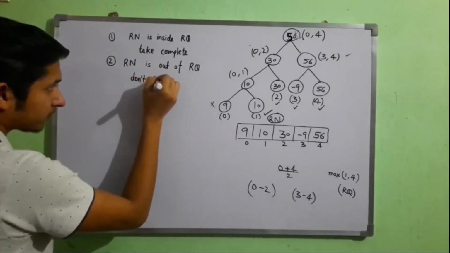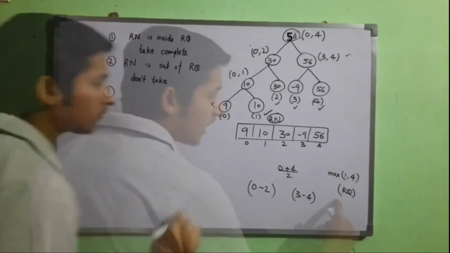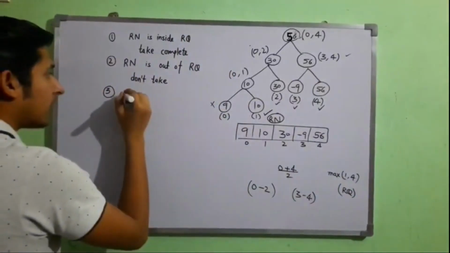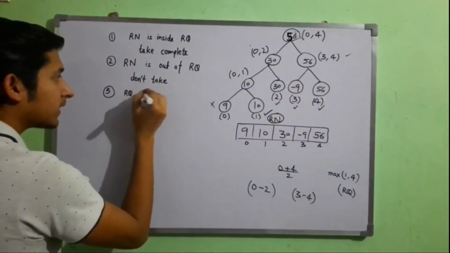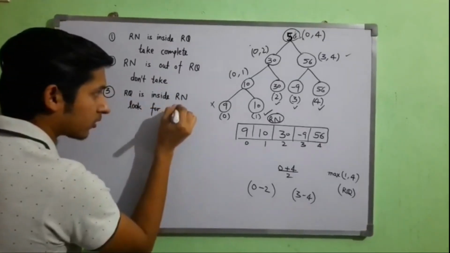The third case is Rq is inside Rn: then look for its children.